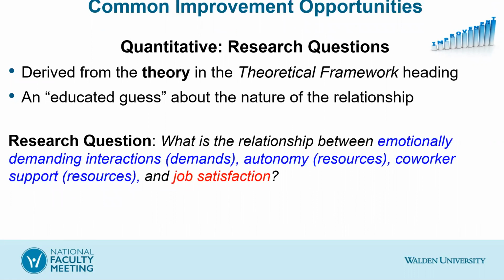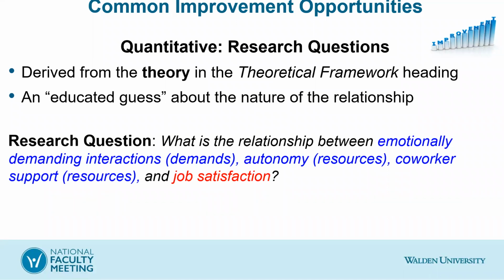Quantitative research question. The theory, the theoretical framework, the independent variables or the predictor variables are aligned with the theory. As you can see with the color blue, those are the independent variables, and we have more than one independent variable. And in red, you have the dependent variable. The dependent variable, which is the outcome variable, is our problem, and our independent variables align with the theory.